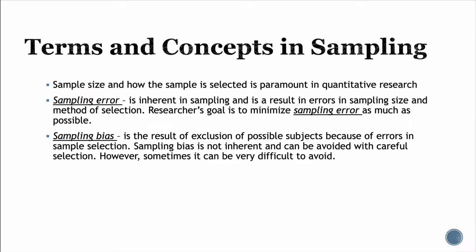Sampling bias is a little different. It still throws off our data, but sampling bias is the result of exclusion of possible subjects and errors in sample selection. Sampling bias is not inherent and can be avoided with careful selection. However, sometimes it's difficult to avoid.